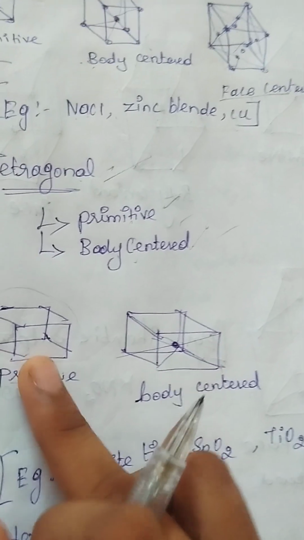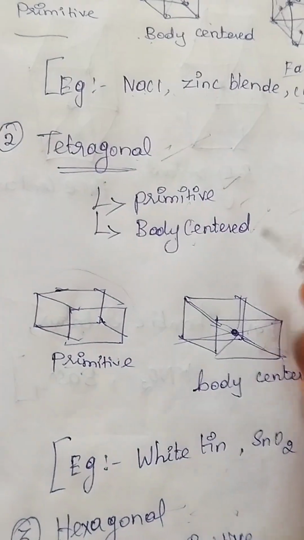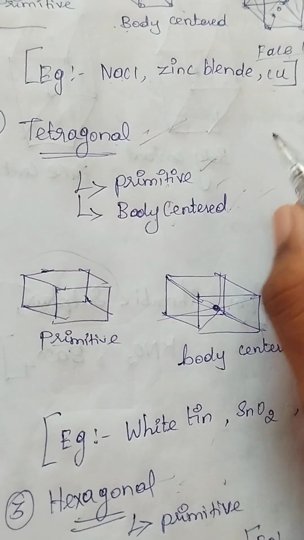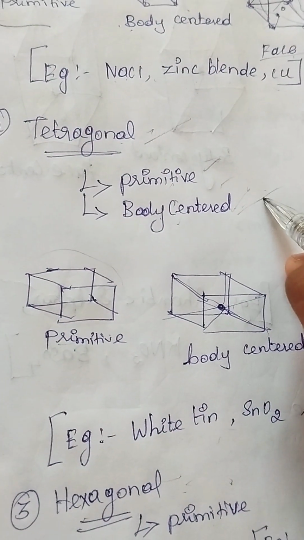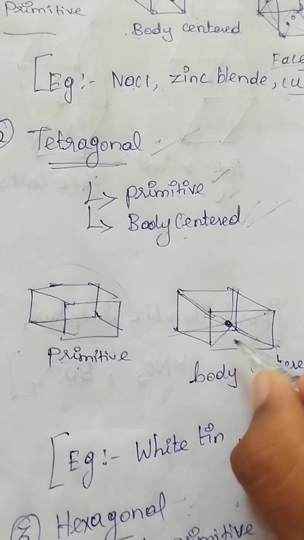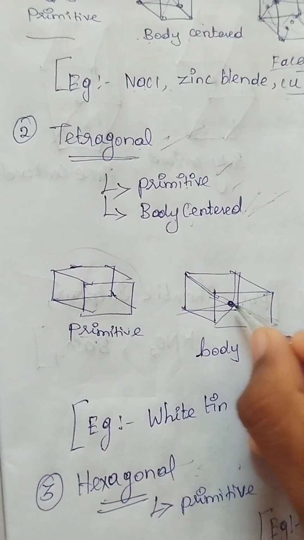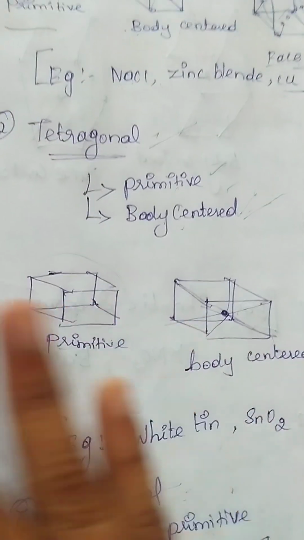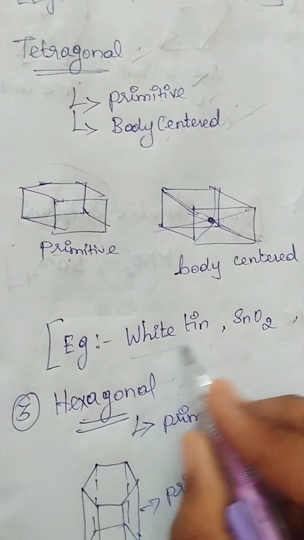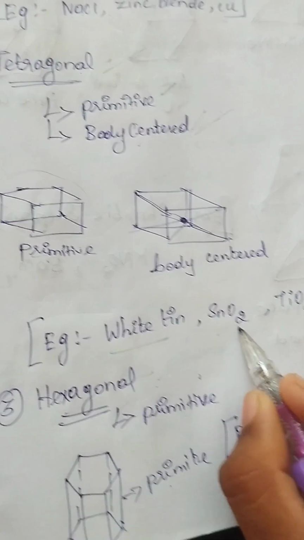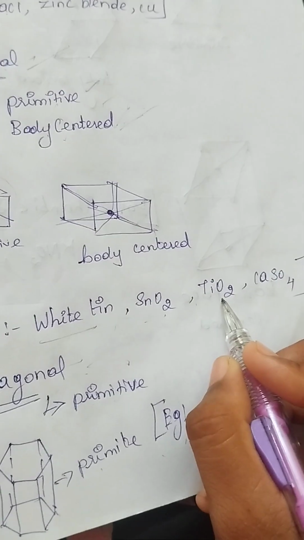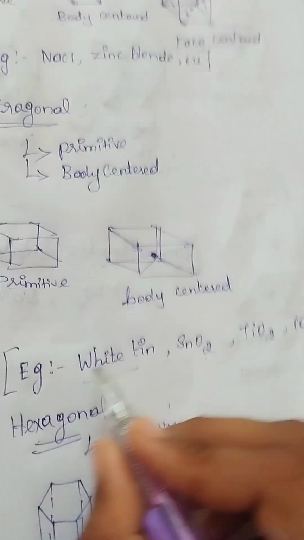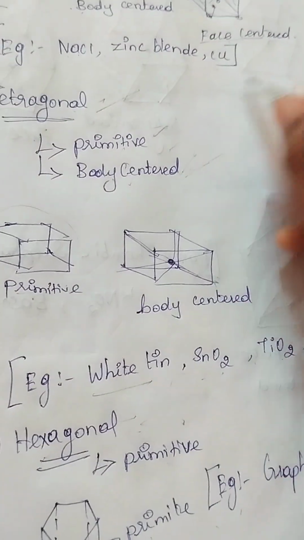After that, the second type is body center, tetragonal body center. We are adding an additional atom in the center of the body. The examples are white tin, tin oxide, titanium oxide and calcium sulfide. These are the examples of the tetragonal.